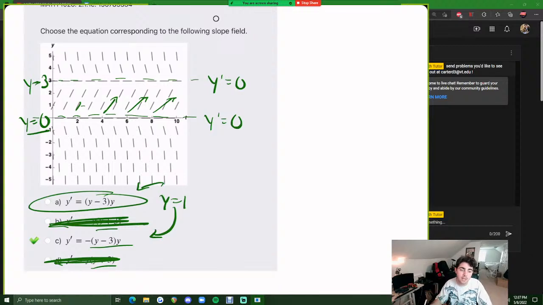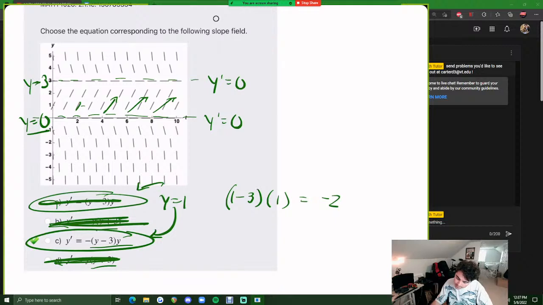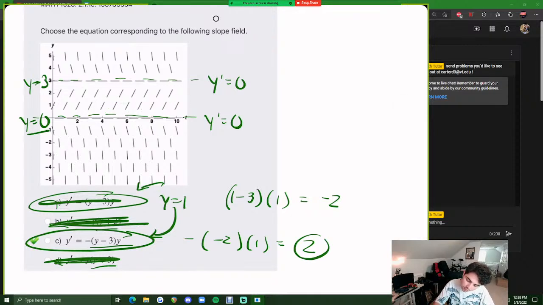When y prime is positive, that corresponds to positive slopes on the slope field. When we plug in y equals 1 to the first equation, we get 1 minus 3 times 1, which is -2. That's why we can eliminate A and choose C, because it's negating the -2 we're getting when we plug in 1. So we get +2, and that corresponds to all the +2 slopes we see when y equals 1.